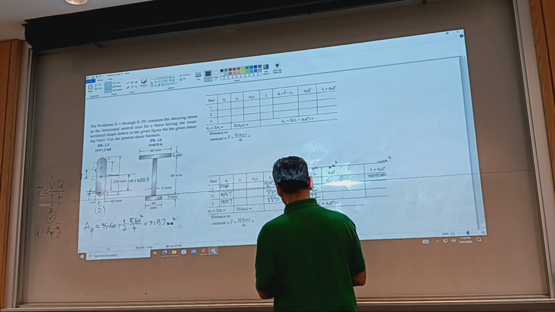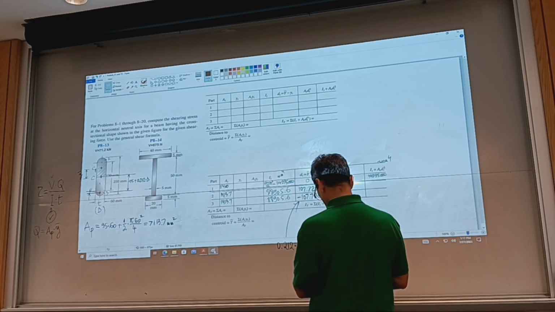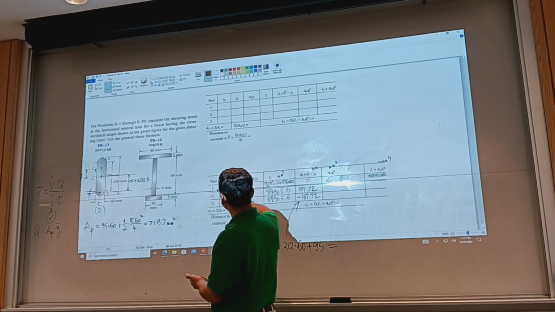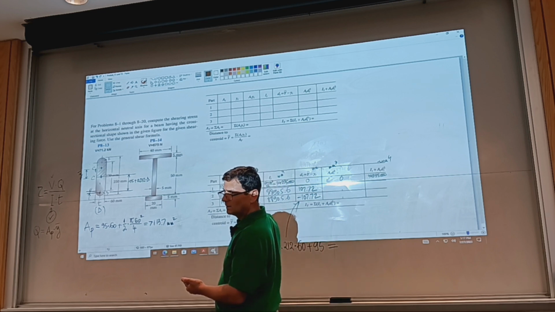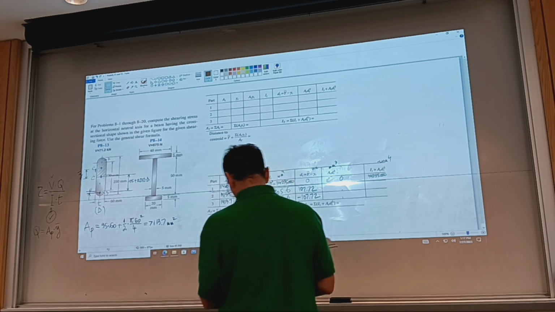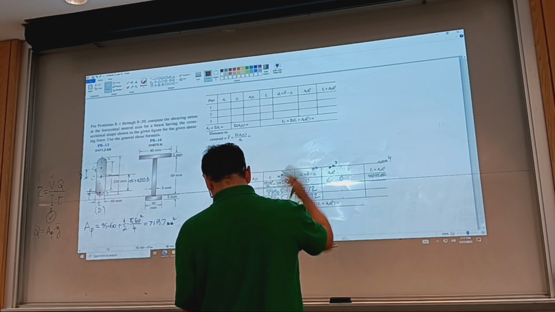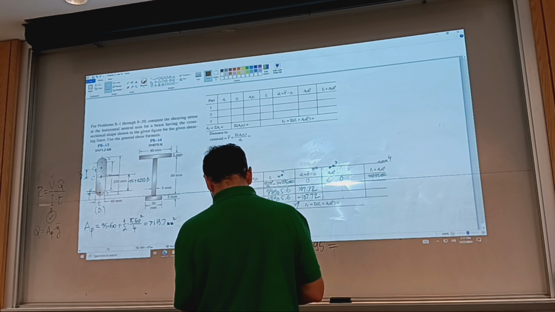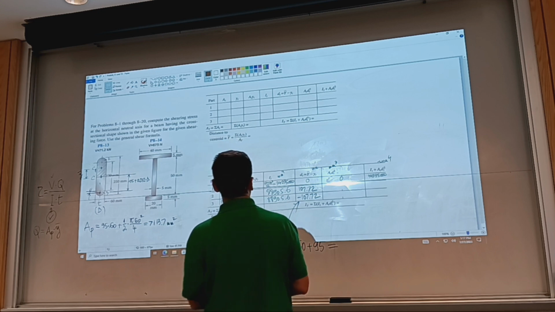So I square it, and then times this area. Is this area the correct value? Do you follow? If you have the luxury to work with maybe MathCAD or something, you can go back through the calculations.